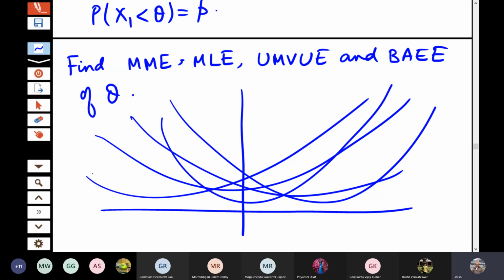Some may have higher value, some may have lower value, and so on at different places. If somehow I can reduce each function to a single representative value, then they can be compared because the real line is ordered, isn't it? So the set of real numbers is ordered.